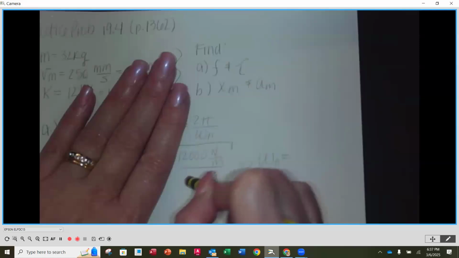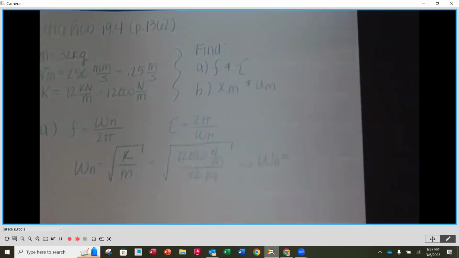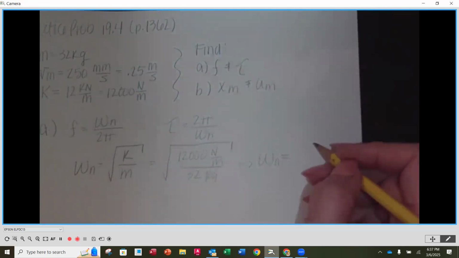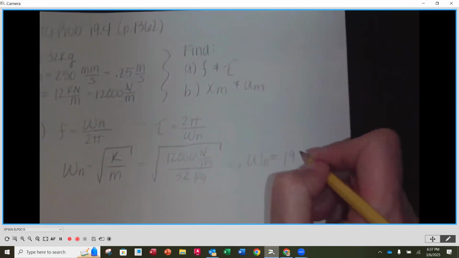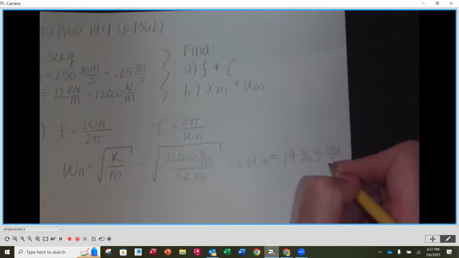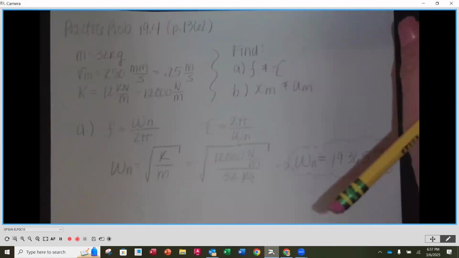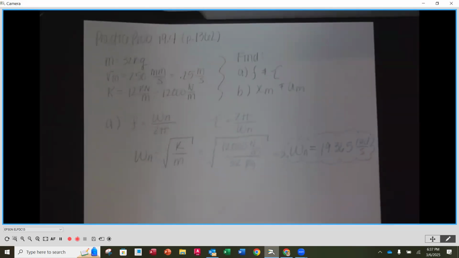It was 50 in the last problem. I'm so sorry. Yep, I've got 32 written down. Thank you. I did 19.365, and that would be radians per second. Yeah, thank you for catching that. Sorry, I had 50 on my mind from our last problem.